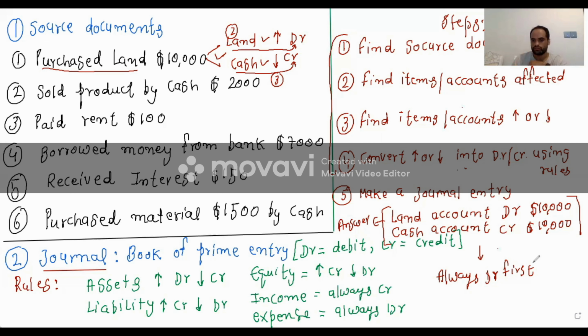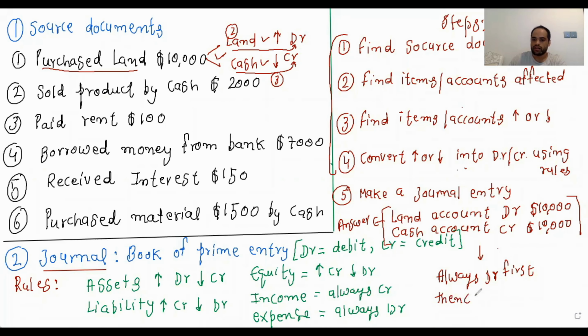I'll mark it wrong. All right. So always debit first, then credit. Debit, credit, not credit, debit. All right. Remember this thing.